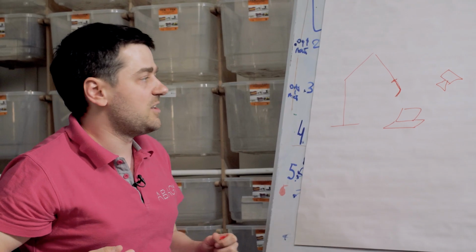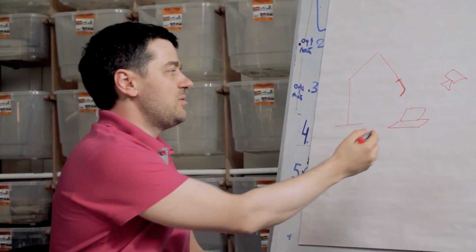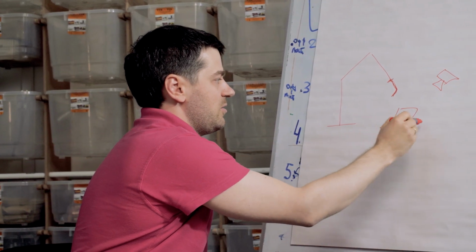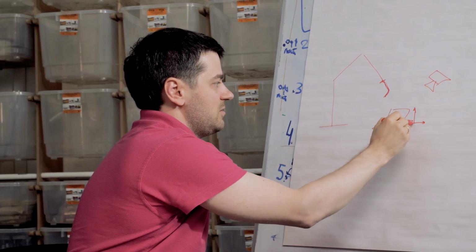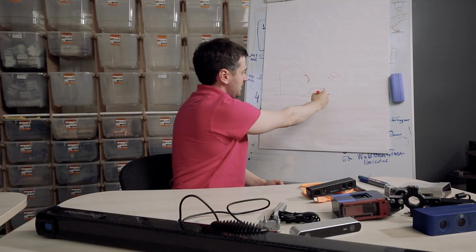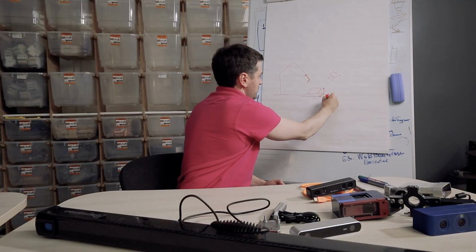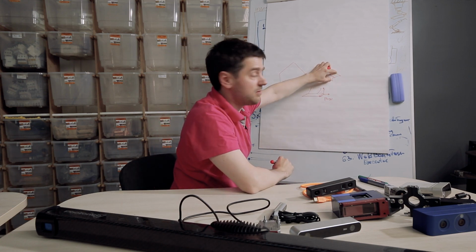And the extrinsic calibration is actually the way to recalculate the position of this. For example, we detected this object and it has this pose. And this pose is in the coordinate system of the camera.